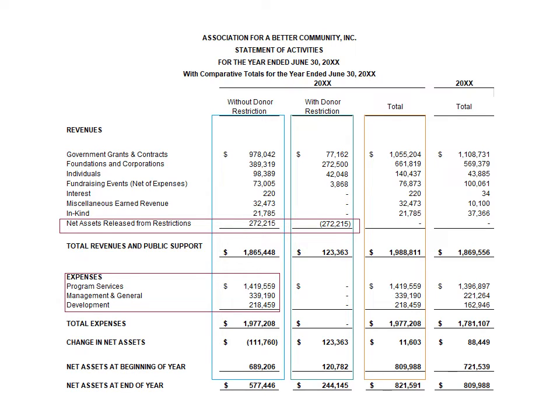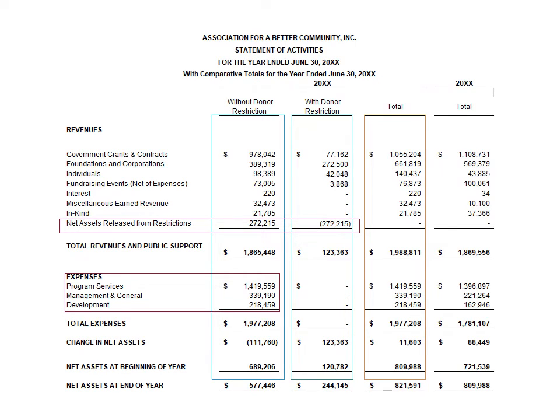But the total column can be misleading from an annual operating result perspective because it combines revenue without donor restriction, or unrestricted revenue, with donor restrictions or restricted revenue.